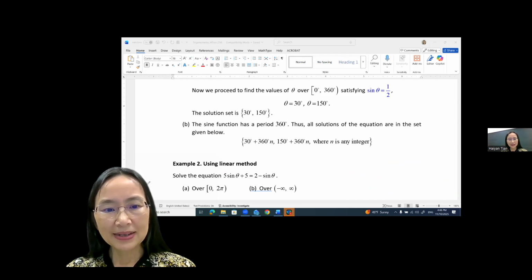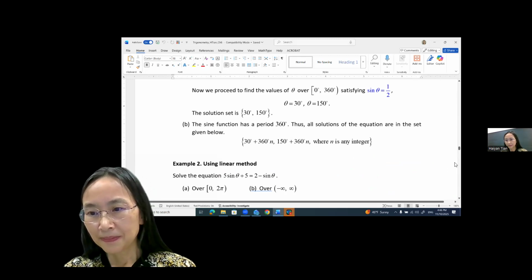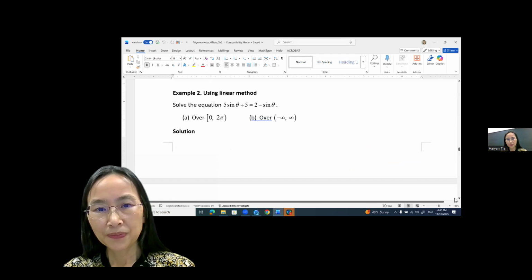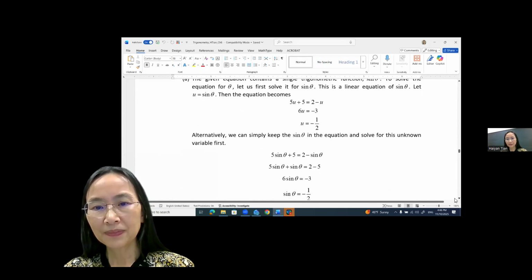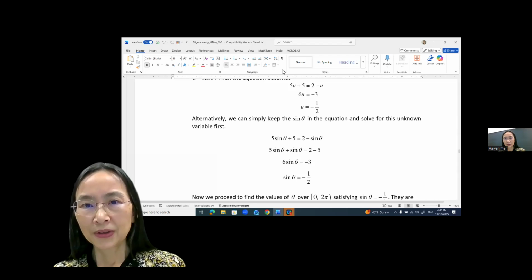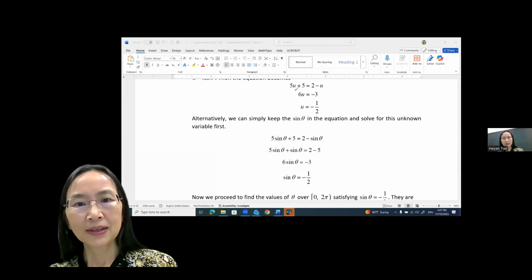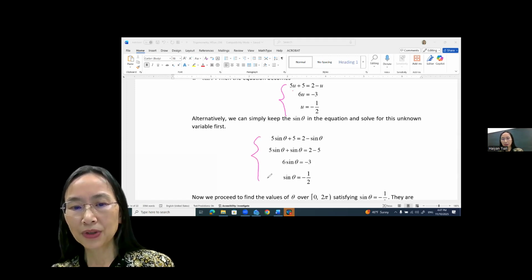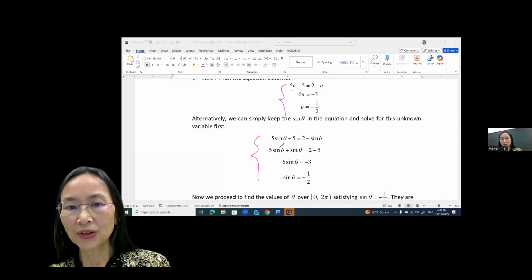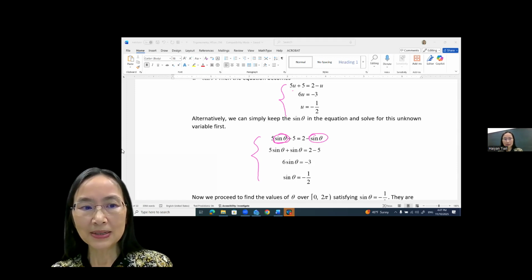So now we find sine theta. Look at the process of solving for u. If we do not change at all, and just treat sine theta as an unknown variable, it's essentially the same.